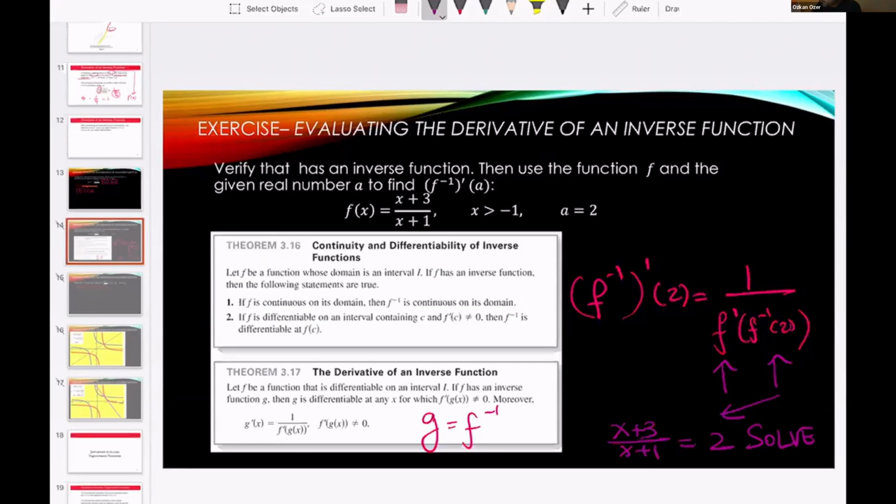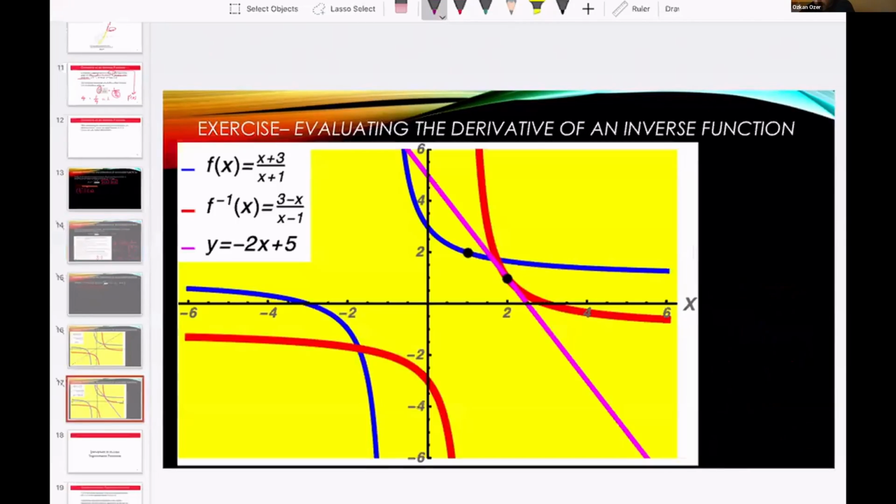All right, so for f prime, this is the application of the quotient rule. And f inverse, if you do the calculations, would have the form of another rational function, (3 minus x) divided by (x minus 1), and this is the point of consideration.